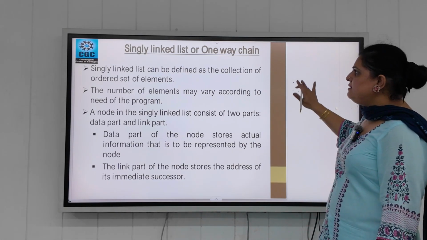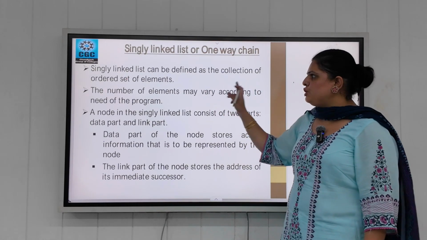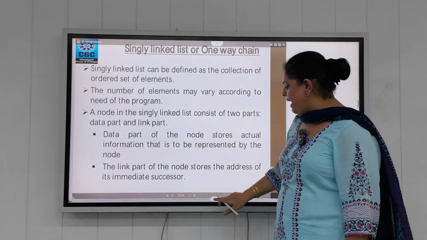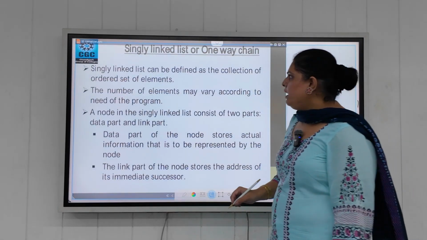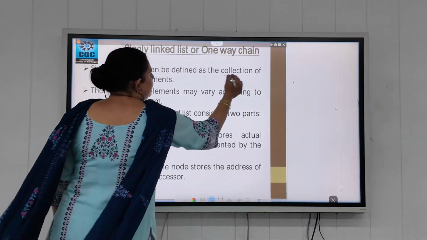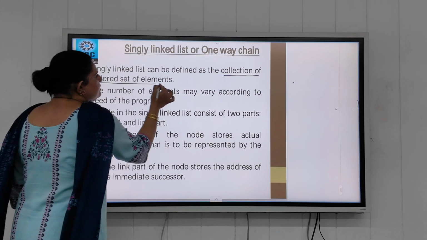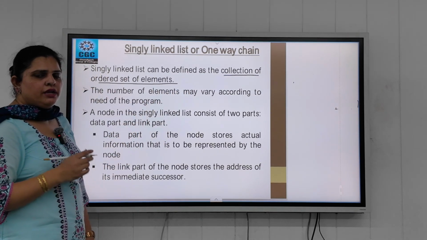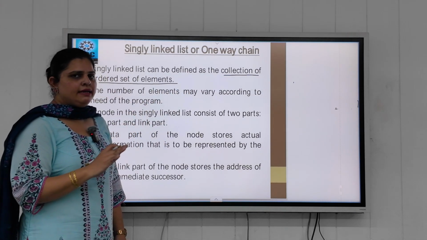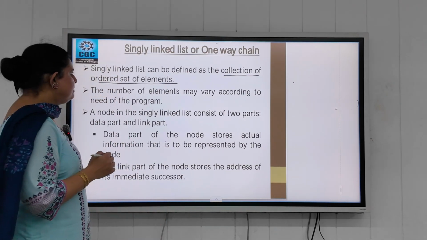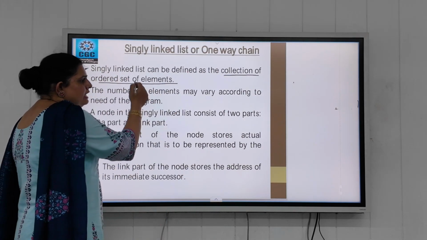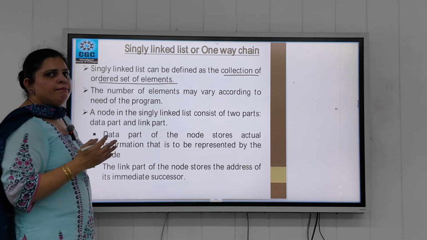Single linked list can be defined as a collection of ordered set of elements. Whenever we are going to organize our data in a simple linked list, or we can say a one-way chain list, we can arrange our data in an ordered manner.